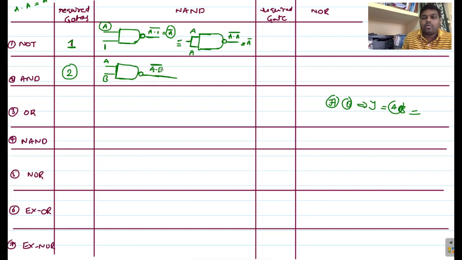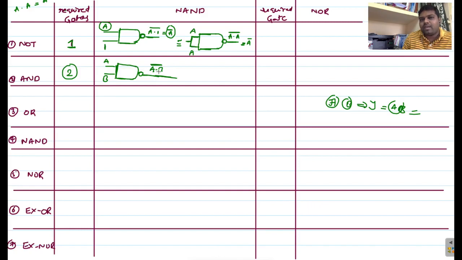Now you have to convert that into AB, right? In that case, already NOT gate is done. So here I am providing the same input to this NAND gate. Finally what I get here? A bar, right? If I am providing A here, I am getting A bar.